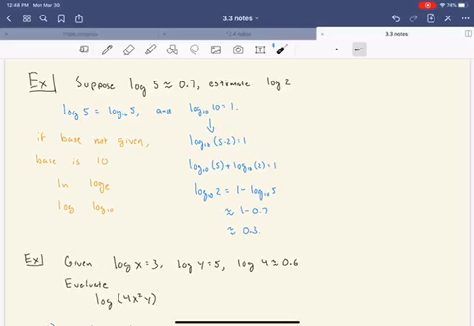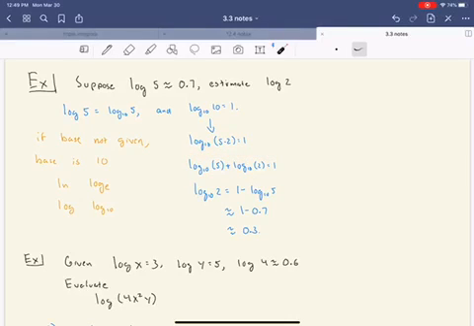Okay, but remember the rules we just learned. If we multiply 5 and 2 inside the logarithm, that means we can add the logarithms. So 1 has to equal log base 10 of 5 plus log base 10 of 2.